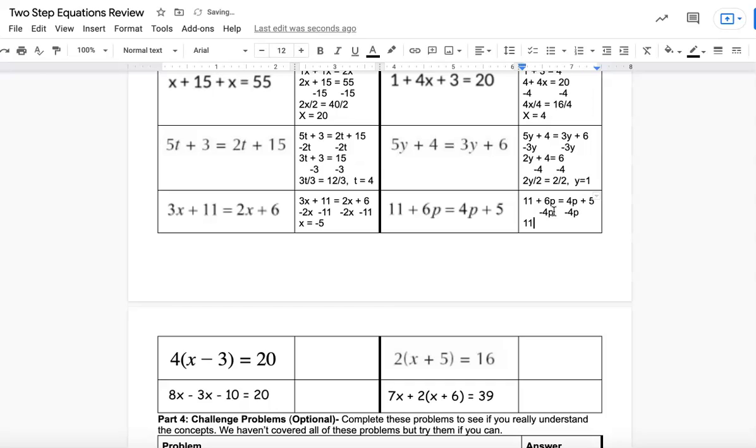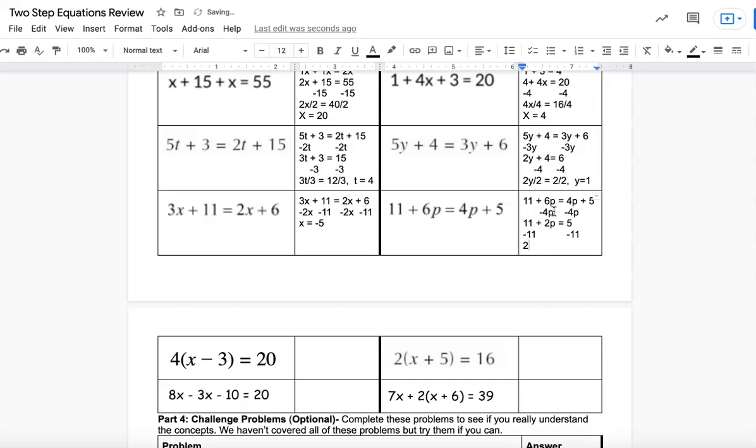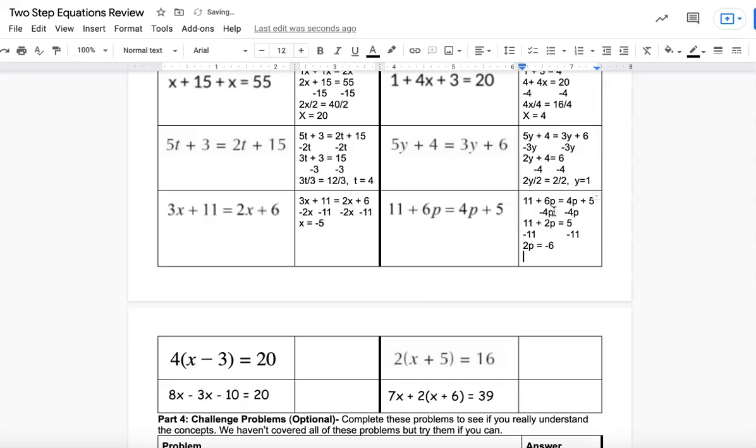So we're left with 11 plus 2p equals 5. Subtract 11. 2p equals negative 6. Divide both sides by 2. P equals negative 3.